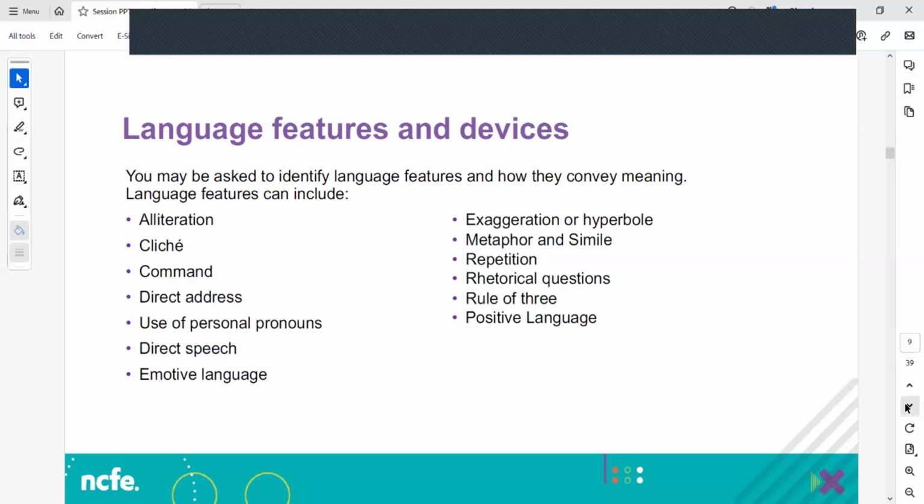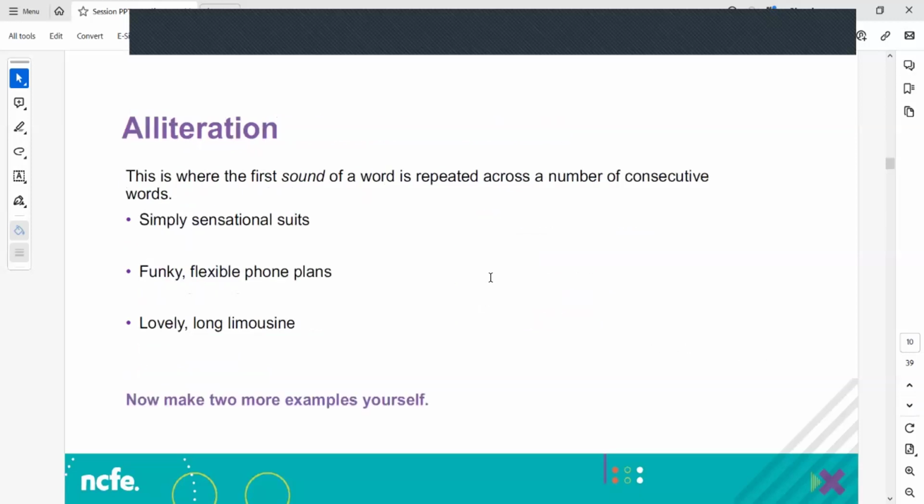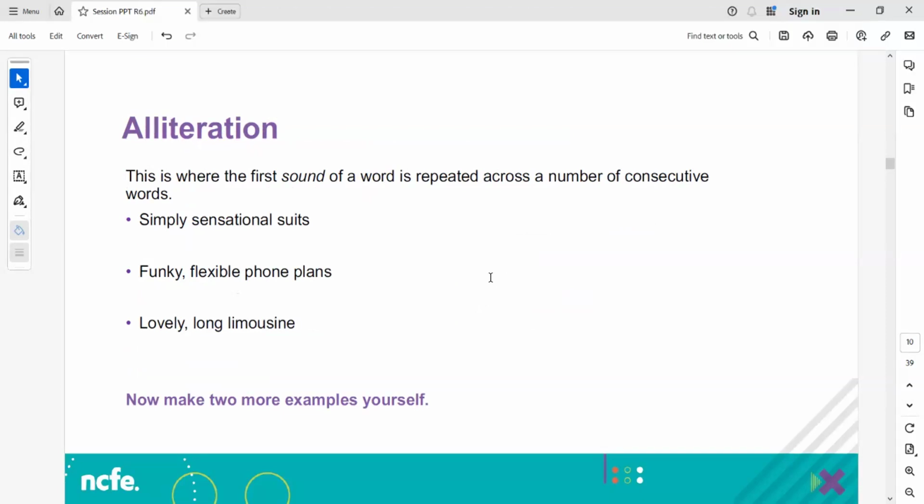So alliteration. Alliteration is where the first sound in a word is repeated across a number of consecutive words. So it's not always the letter, as you'll see in one of these examples, it's the sound at the start of the word.